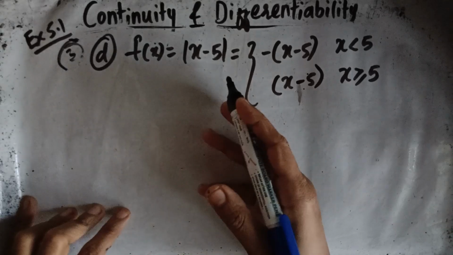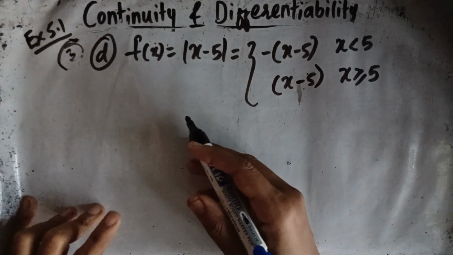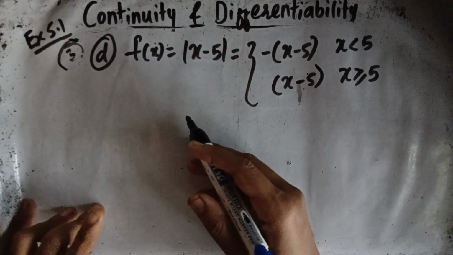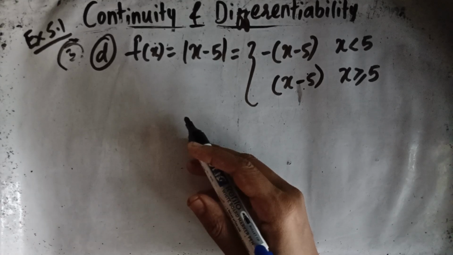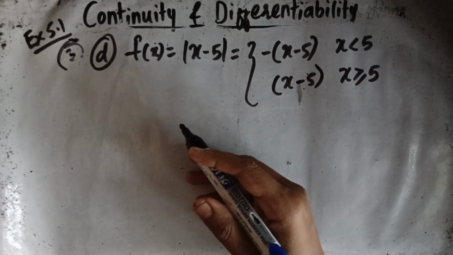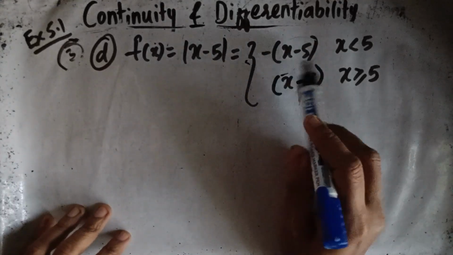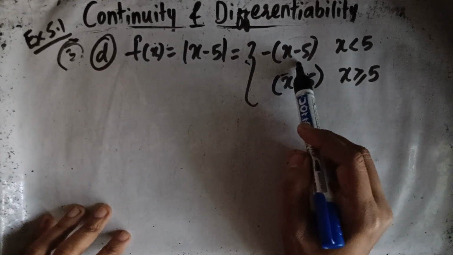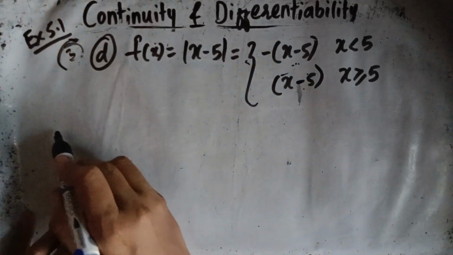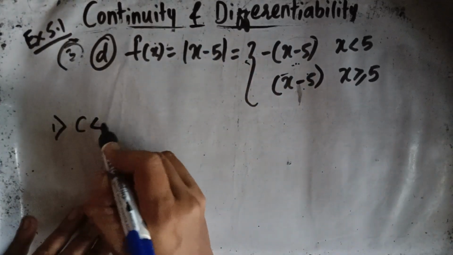Now we have to take c in such a way that the function is continuous. So if I take c less than 5, then we have to take this function. So the first case is c less than 5.